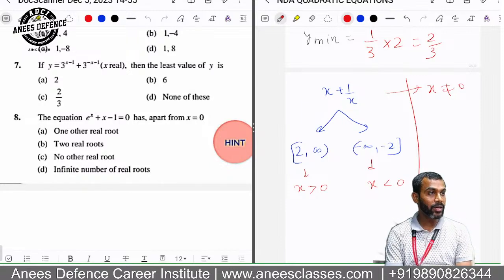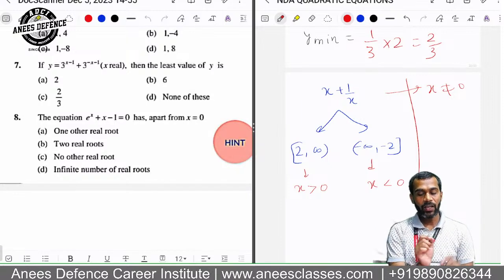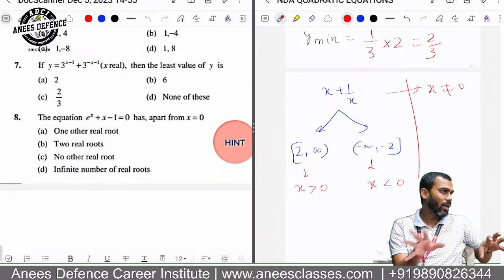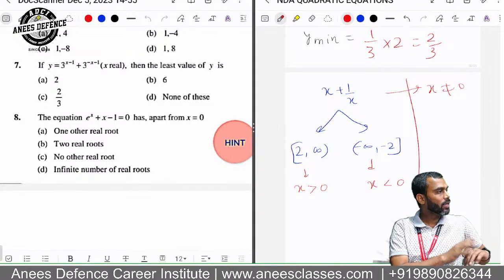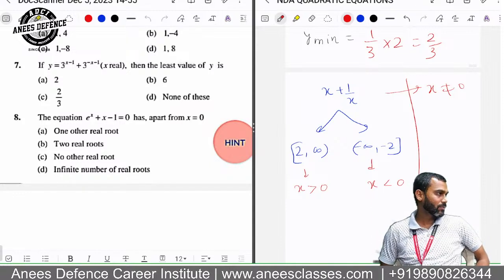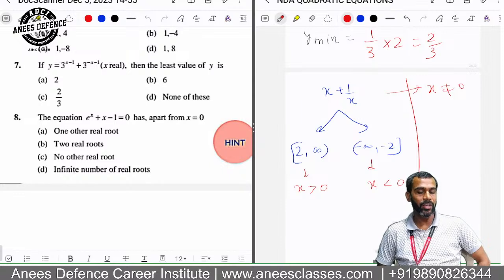Yes or no? Increasing means one-one function. It will pass the horizontal line test. So if a function attains a particular value at some x, it cannot attain it again at another x. Since it is one-one, it will not be equal to 0 at any other value of x except x is equal to 0, as already given. So the answer would be no other real root.